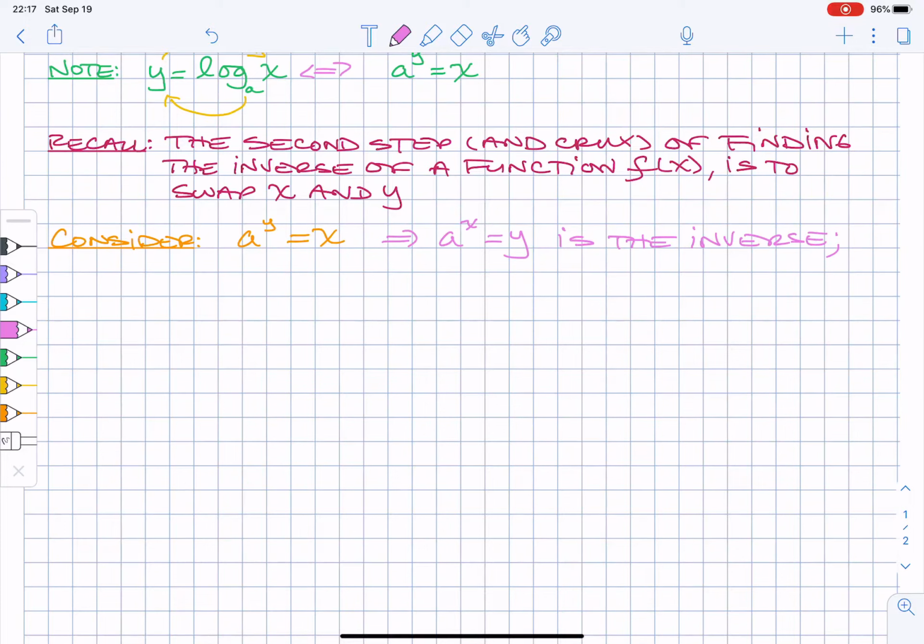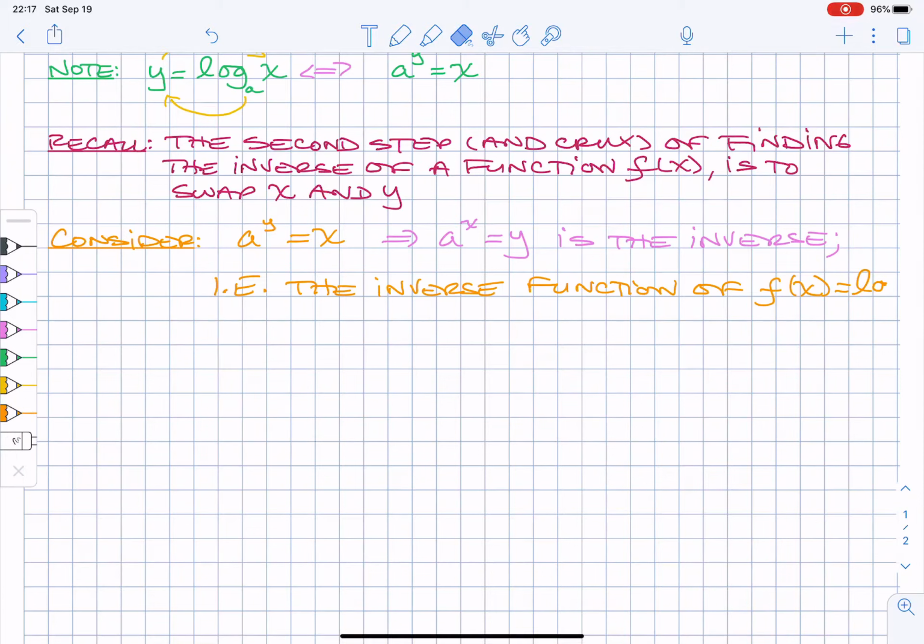That is, i.e., the inverse function of f of x being equal to log base a of x.